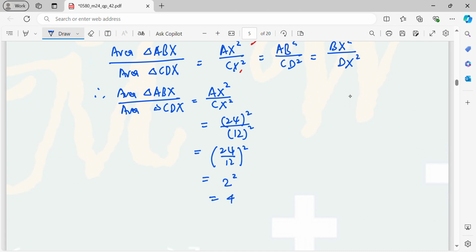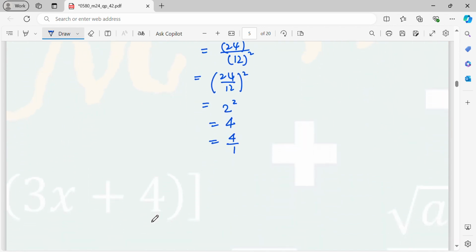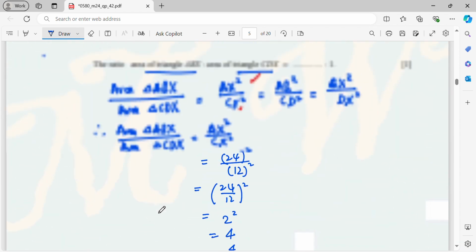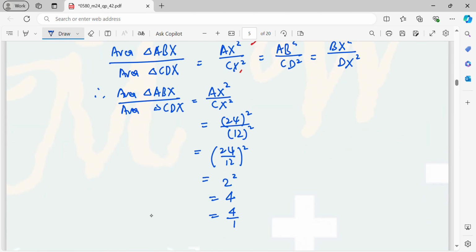This 4 is basically the same as 4 over 1. So here 4, then this is the same as 4 over 1. Therefore, the ratio, look at here, this is to 1. So the ratio is basically 4 to 1. Because I get 4 here. So this is the working for this question.